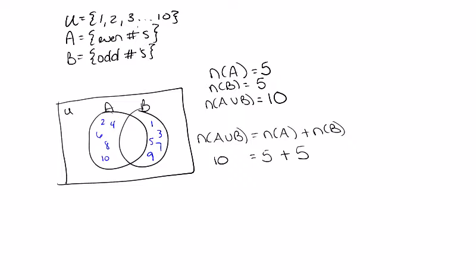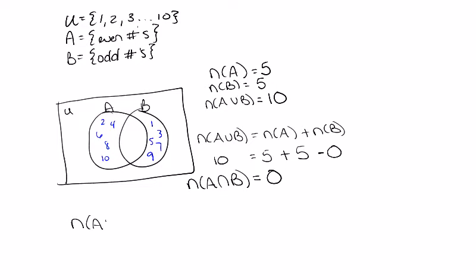Well, again, if you're thinking because the intersection doesn't exist, in other words, the number of elements in the intersection is 0, then you would be absolutely right. If I was to take into account the intersection and subtract like I did before, essentially I'm subtracting 0, which we usually don't even show.